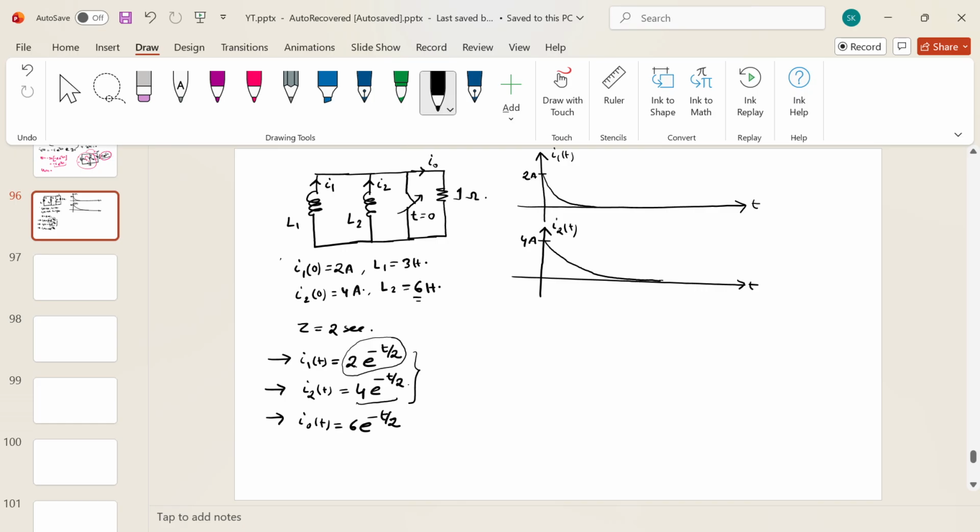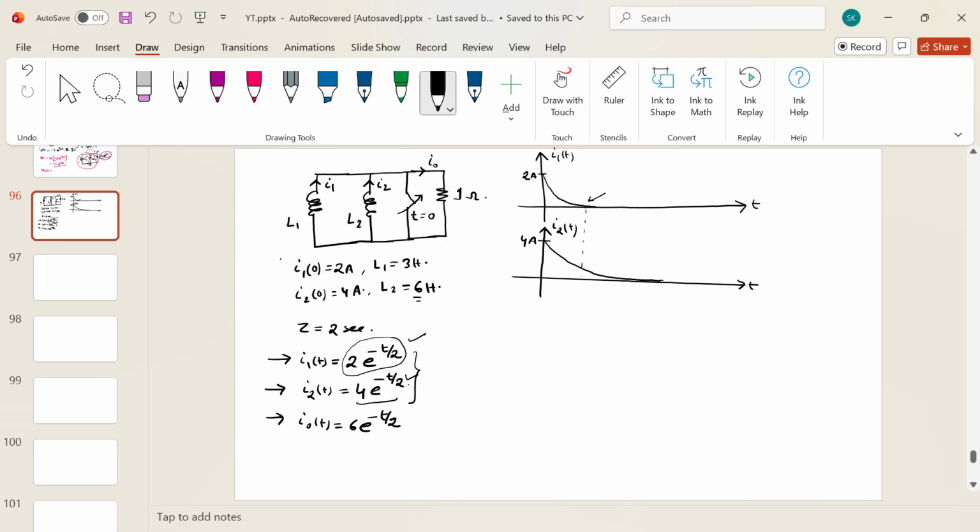Now there is an important observation: you can see this particular quantity is becoming 0 somewhere here. For better approximation, I have considered it to be exactly 0 at this instant. But basically, these are exponential quantities, so at infinity only will this quantity become 0, and this quantity become 0.